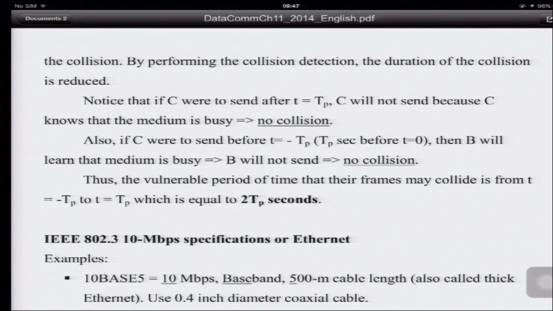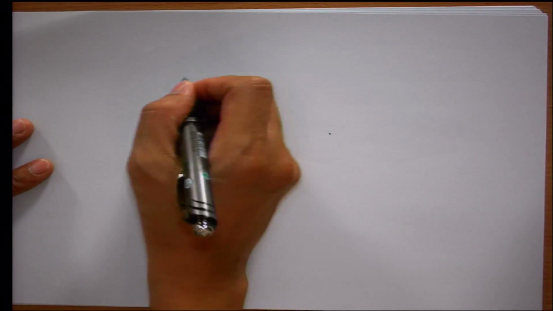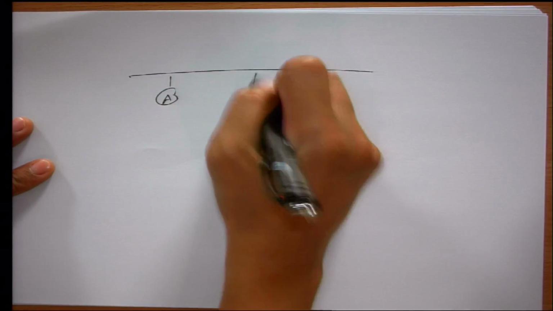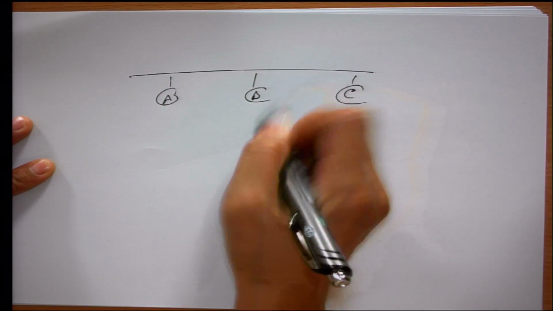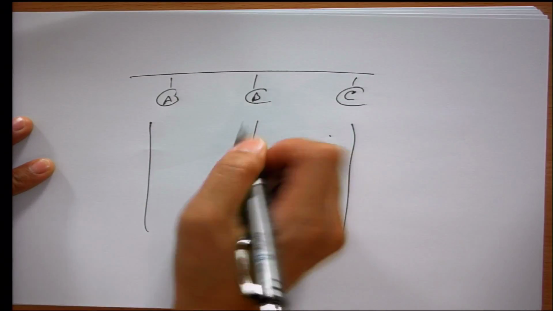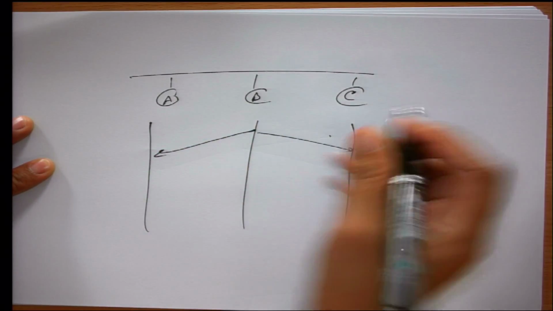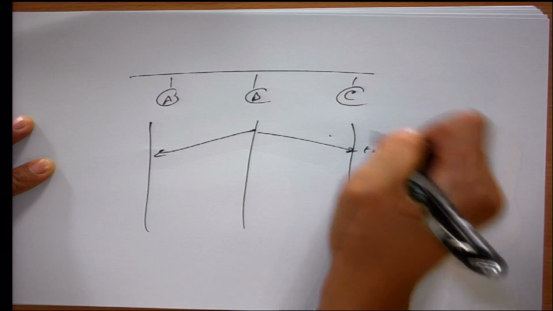So if you have here, this is t equal to t sub p.